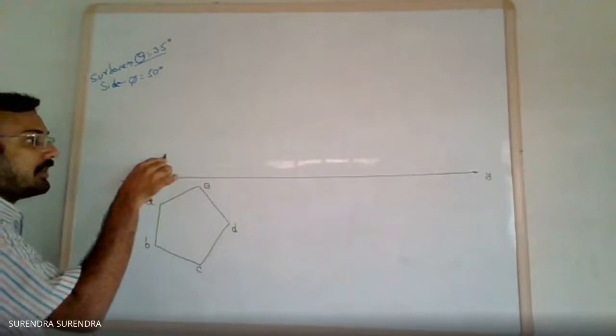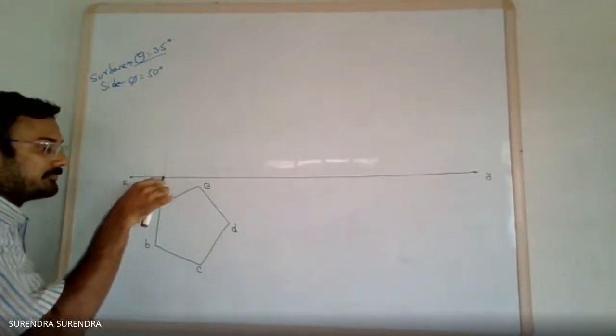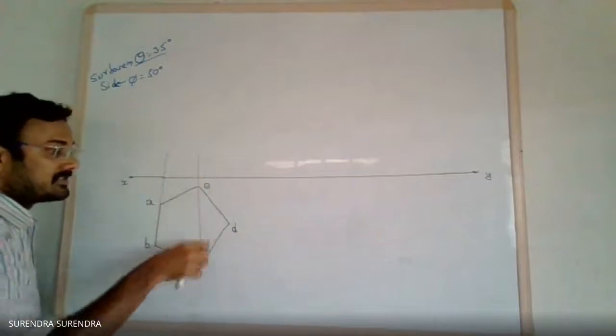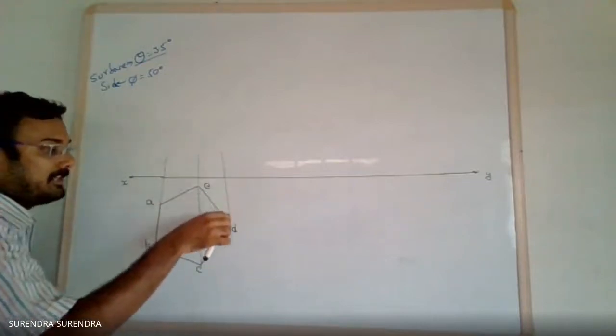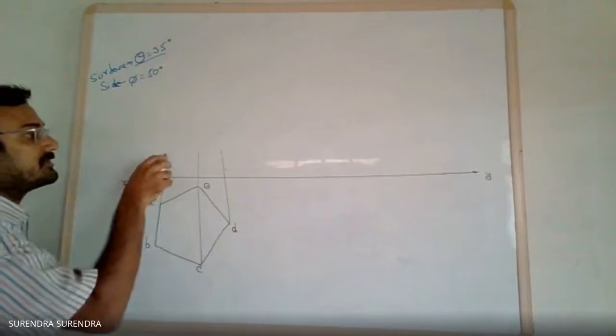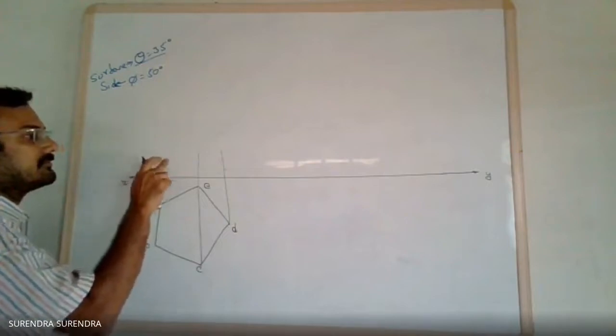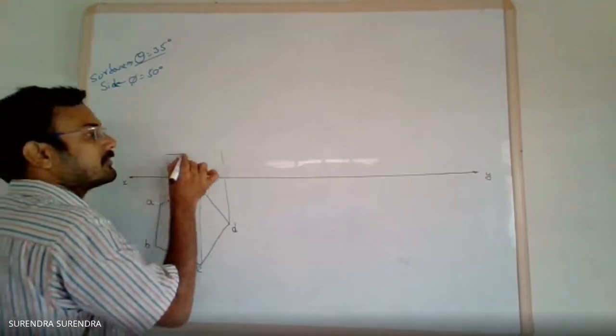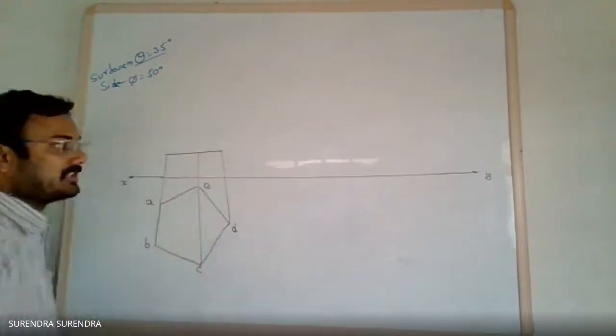So project all the points from the top view: A, B, C, D, E, all the points. Next, draw a horizontal line at a particular distance.